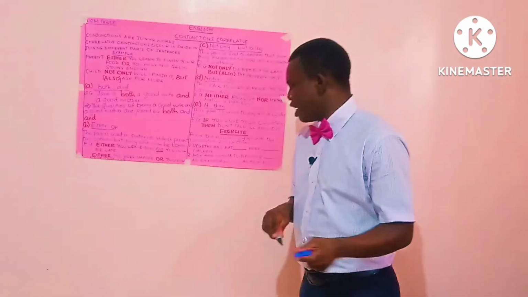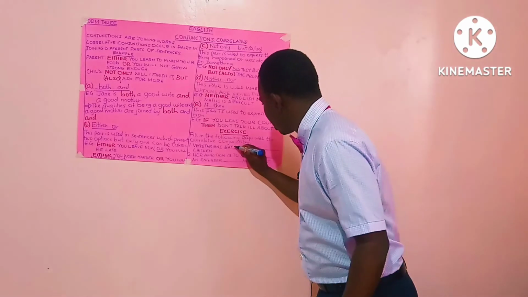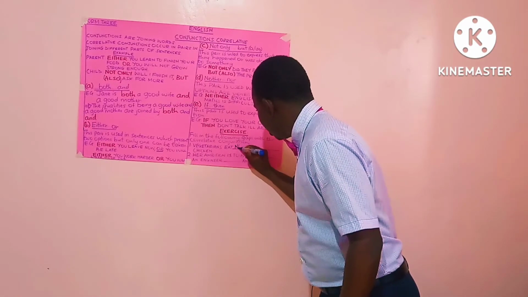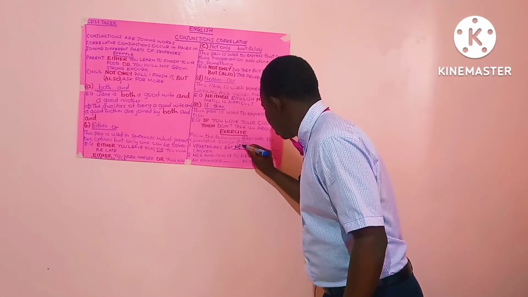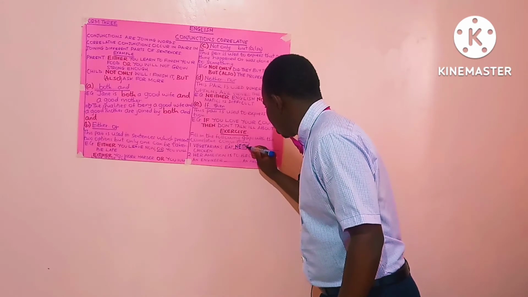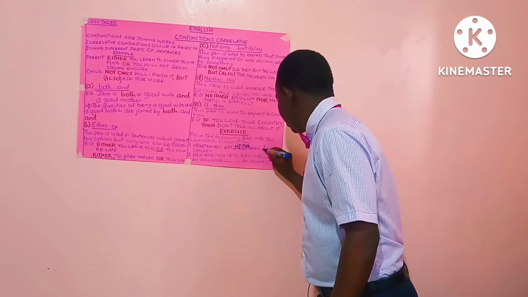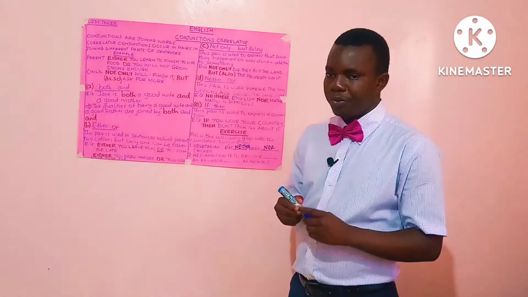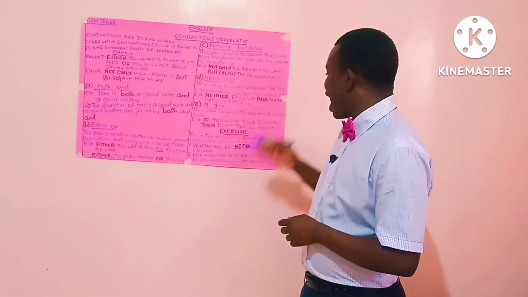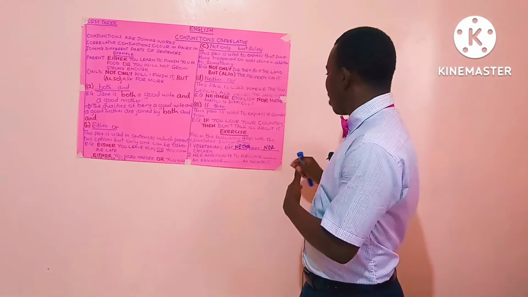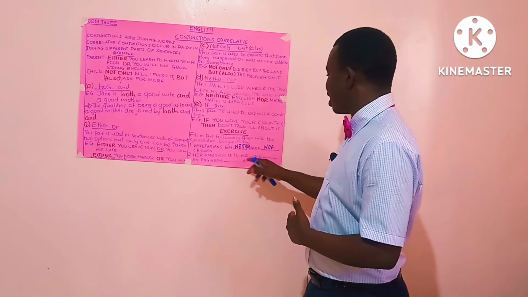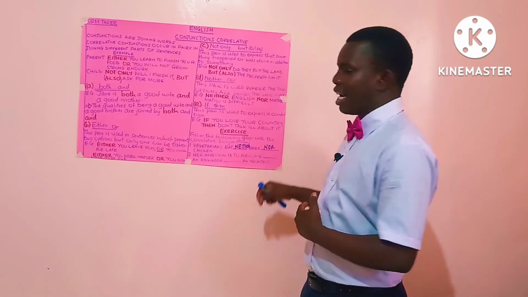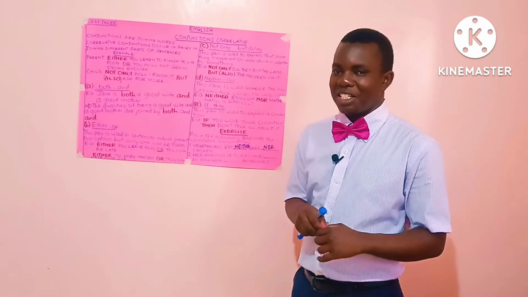So we will say vegetarians eat neither beef nor chicken. The second one, her ambition is to become dash an engineer dash an architect.